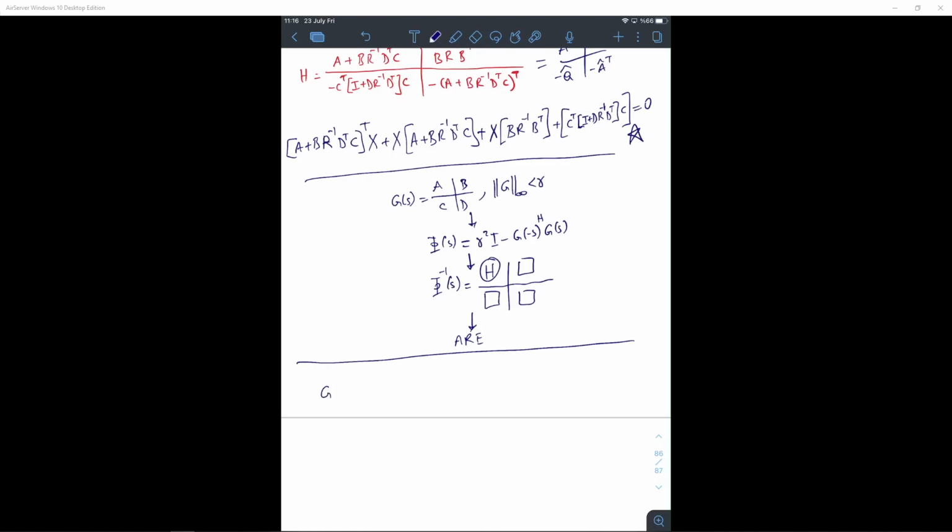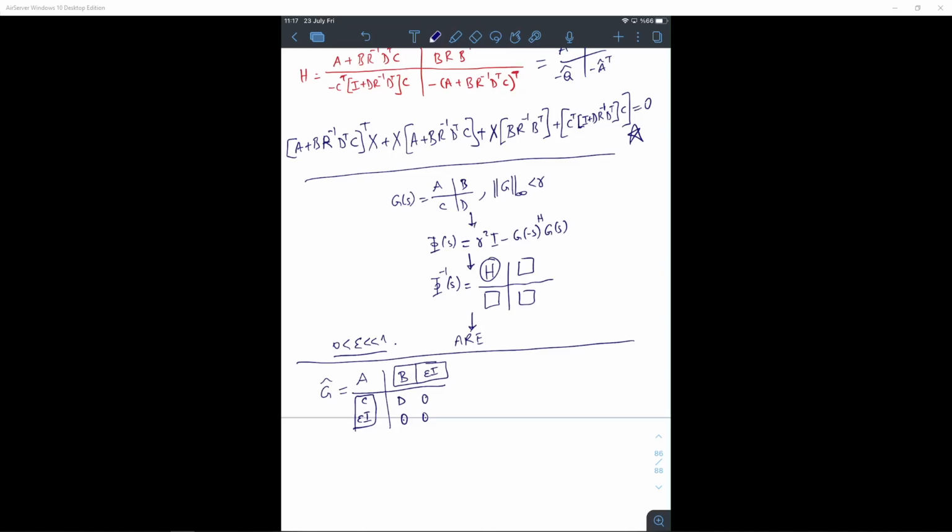And let's use G hat, whose state space representation is A, and B epsilon identity, where epsilon is a really small number but positive, and C epsilon identity, and D 0 0 0.